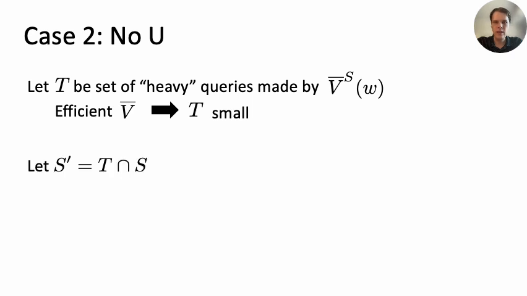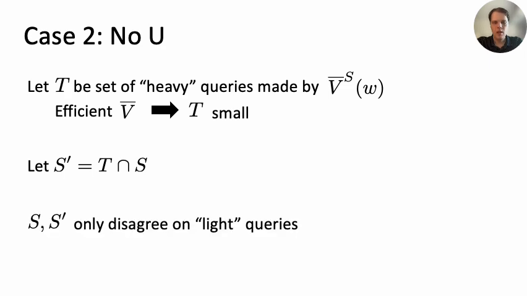So what we're going to do now is we're going to let S prime be the intersection of T and S. So it's the set of points in S such that their query weight under V bar is heavy. The point is that S and S prime only disagree on very light queries of V bar.